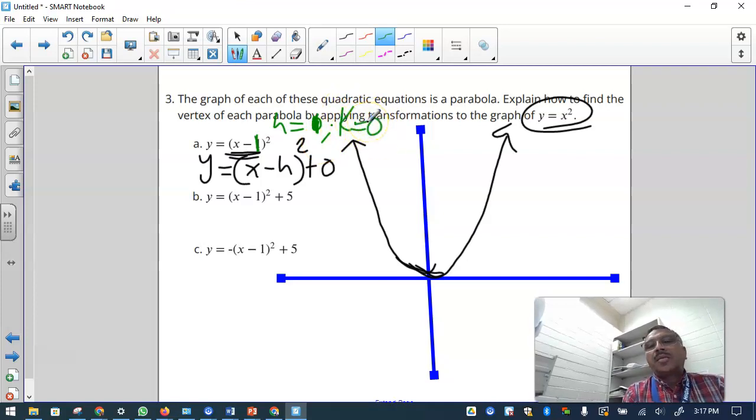So where is 1 and 0? The coordinate is 1 comma 0. So this graph gets shifted 1 unit to the right.